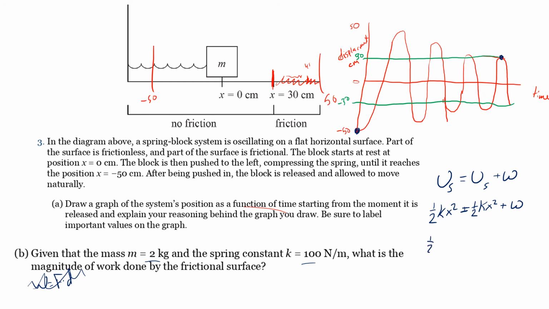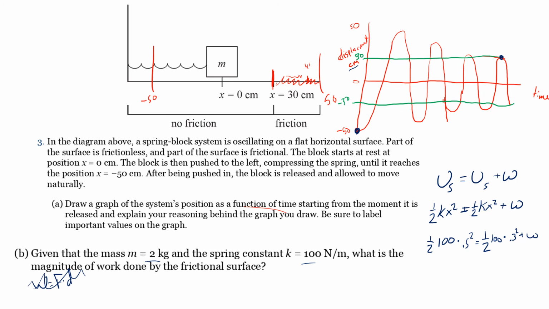So 1/2, the constant is 100, times x is 50. Well, that's in centimeters, so it's going to be 0.5 squared, equals 1/2 times 100 times 0.3 squared, because it's 30, plus W. All right, I'm checking my numbers here.